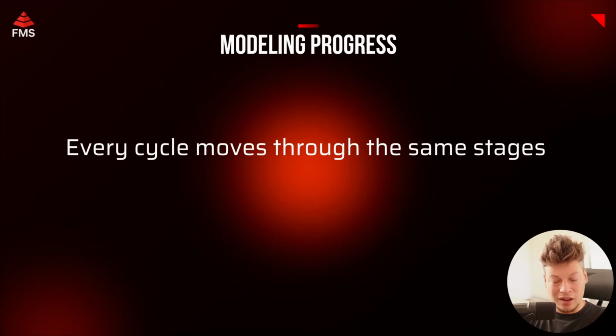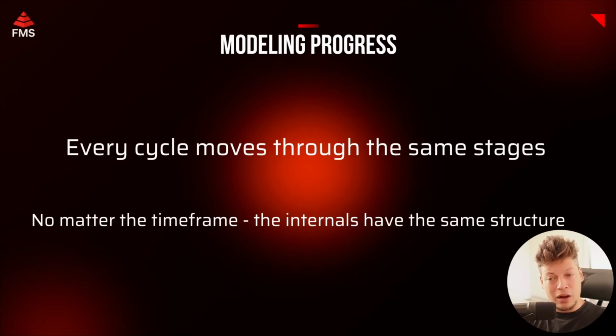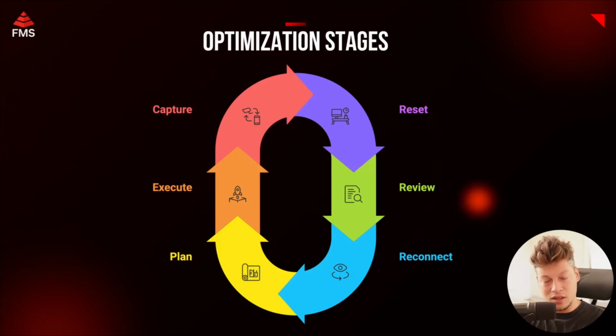And then when it comes to modeling progress, what is actually the performance? I think every cycle goes through the same stages, really. Now, no matter the time frame, the internals of the cycle have the same structure. They obviously differ, but the structure stays the same. And this is the structure. These I call the optimization stages. And it's also a cycle, so you can think of it as starting kind of at any point.